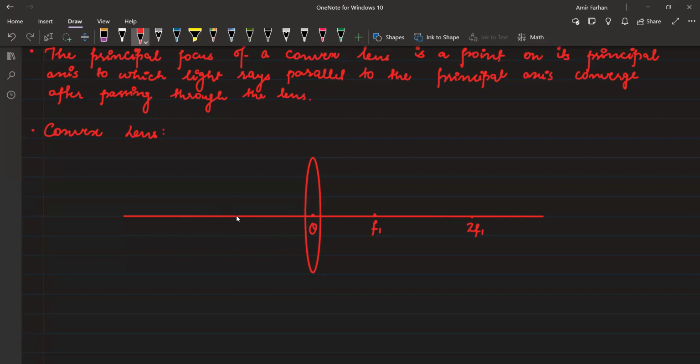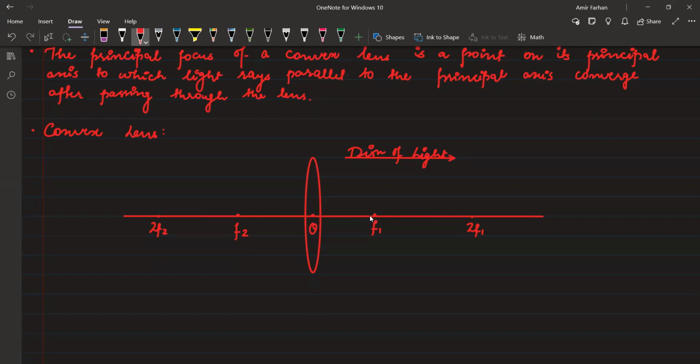On the left hand side, one more focus is there, that is called F2, and this is 2F2. As you can see, we assume that light travels in this direction. Yes or no? And the optical center is the point from which we measure the distances. O is here and I'm going in this direction.